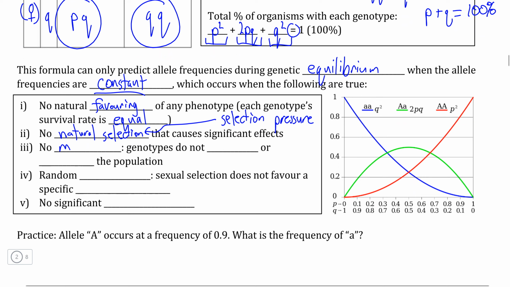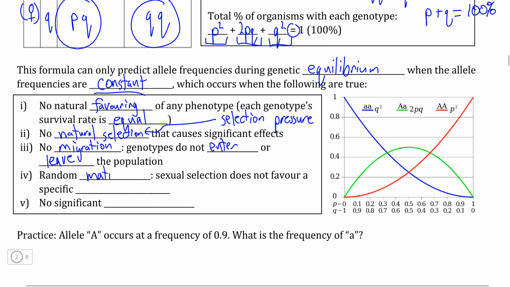way. We also need to restrict migration, or gene flow, if we prefer the genetics-related term, meaning that specific organisms with specific genotypes do not enter or leave the population, at least significantly enough to affect the allele frequency.